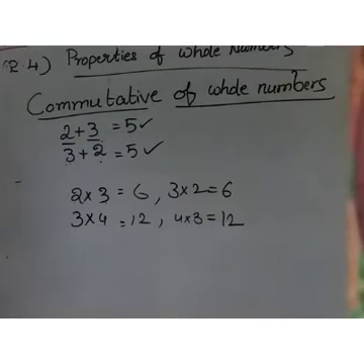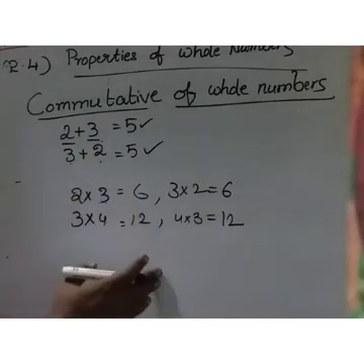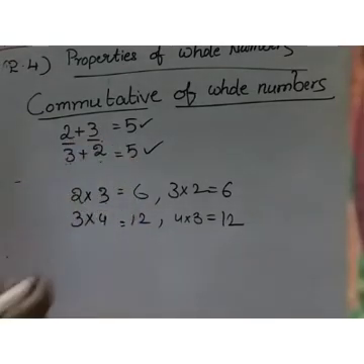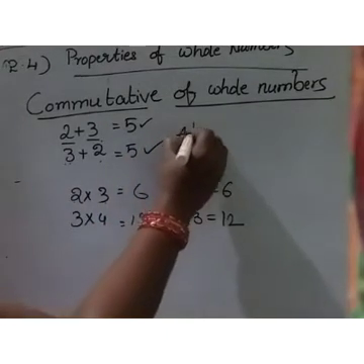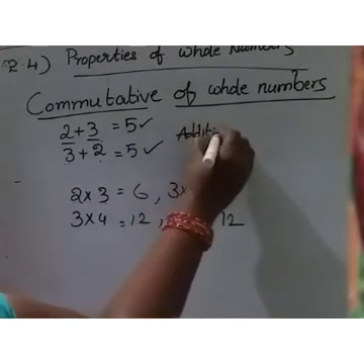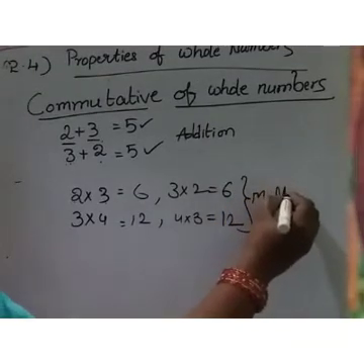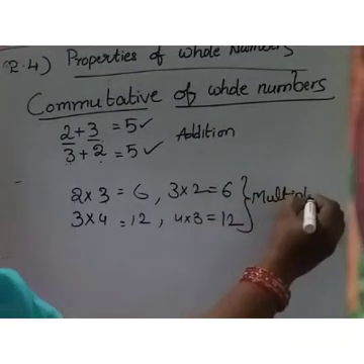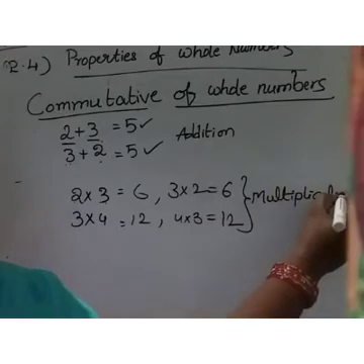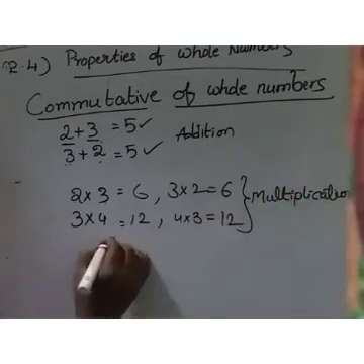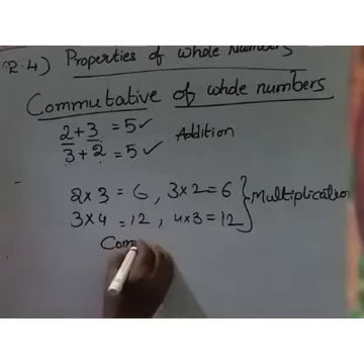Thus, addition and multiplication are commutative for whole numbers.